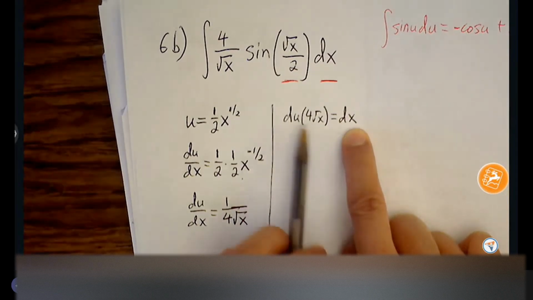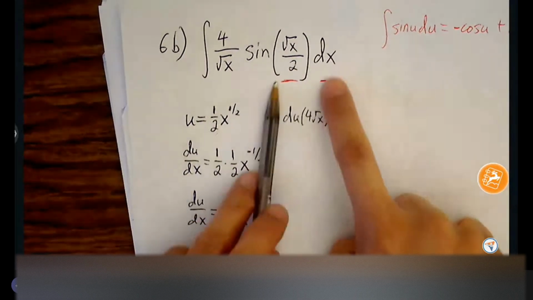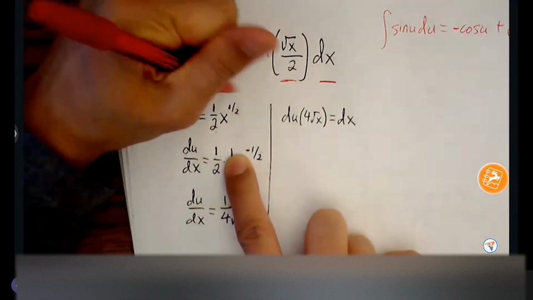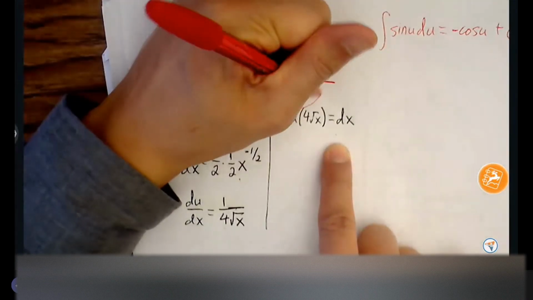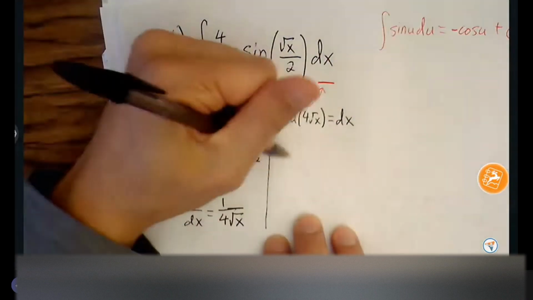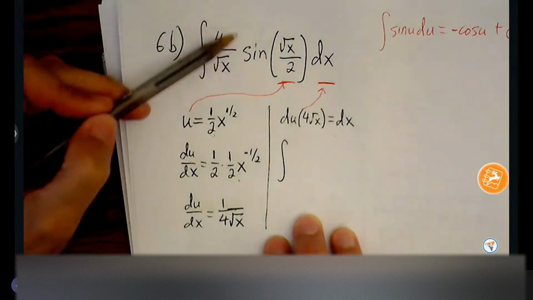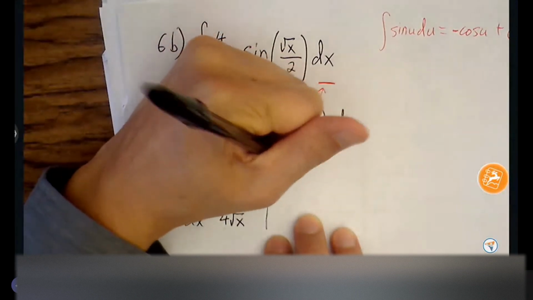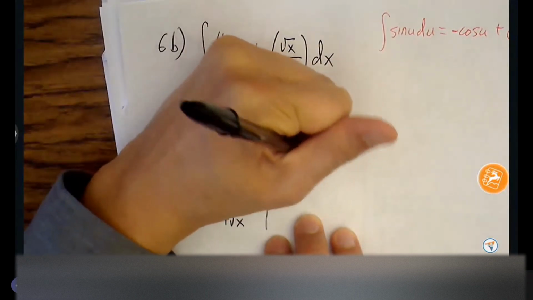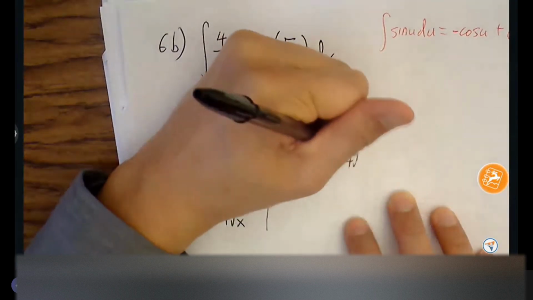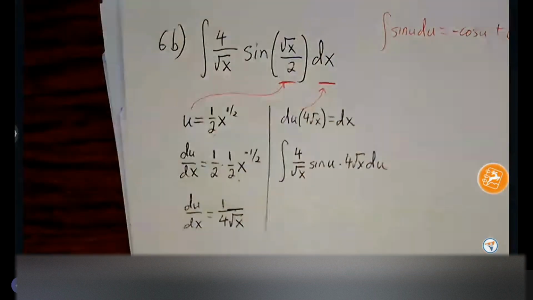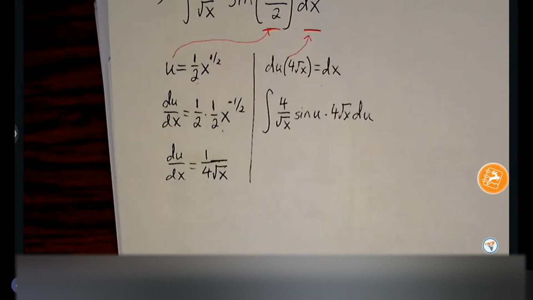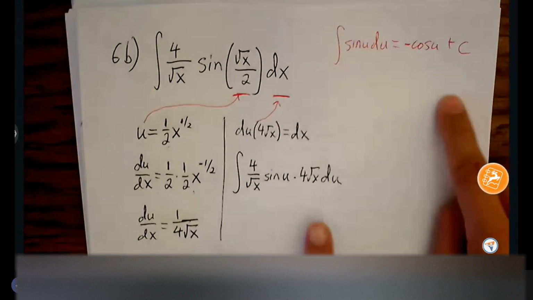So let's see what this looks like after I make my substitutions. So u is going to go here, and du over 4 root x is going to go there. I haven't dealt with this issue yet, so I'll bring everything else down that I did not underline. All right, what do we see? Yeah, so this is our goal, right?